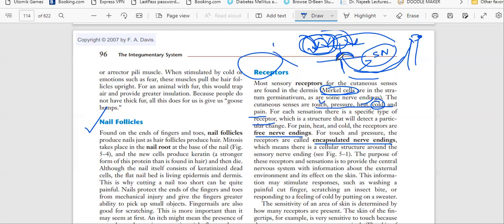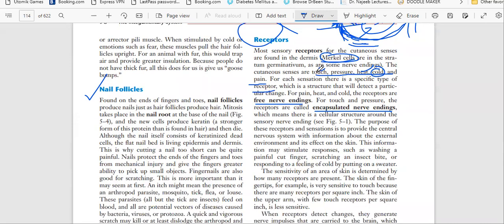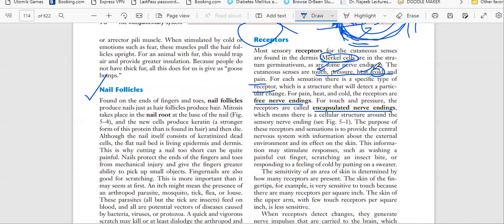Why is this happening? Because sensory receptors take the sensation from the outer environment and give it to the inside environment.